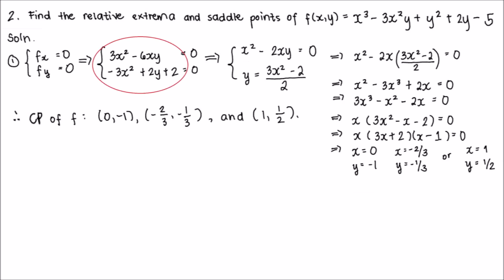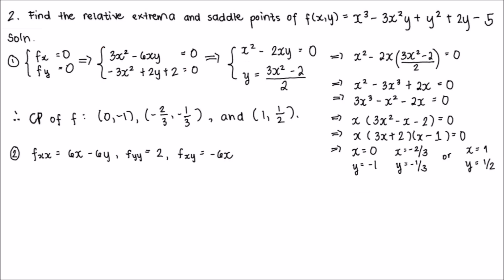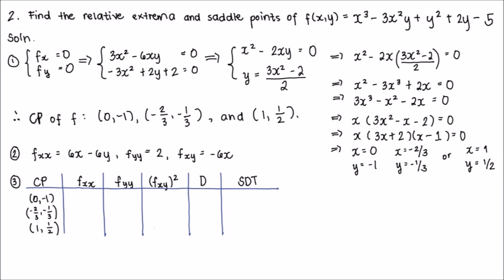Now, given this f sub x and f sub y, we obtain the second order derivatives. So f sub xx is 6x minus 6y. F sub yy is only the constant 2. And f sub xy is negative 6x. Let us evaluate these derivatives on our three critical points.